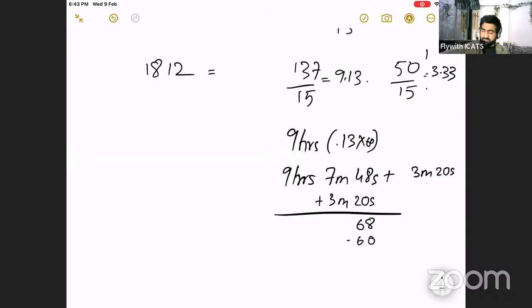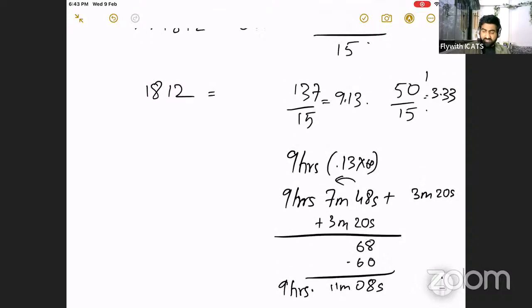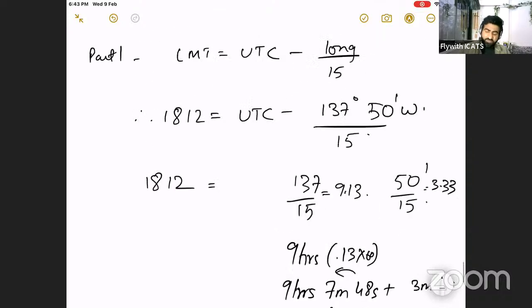From there, I will take 1 minute, so I'll get 8 seconds. This 1 minute I'll add here: 7 plus 1, 8 plus 3, 11. So 9 hours, 11 minutes and 08 seconds is what I have got as the whole conversion.